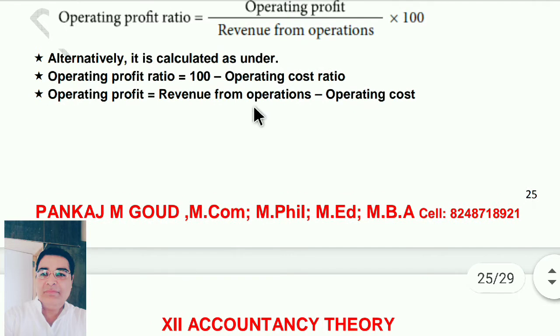Alternatively, it is calculated as under: operating profit ratio equal to 100 minus operating cost ratio. Operating profit equal to revenue from operations minus operating cost.